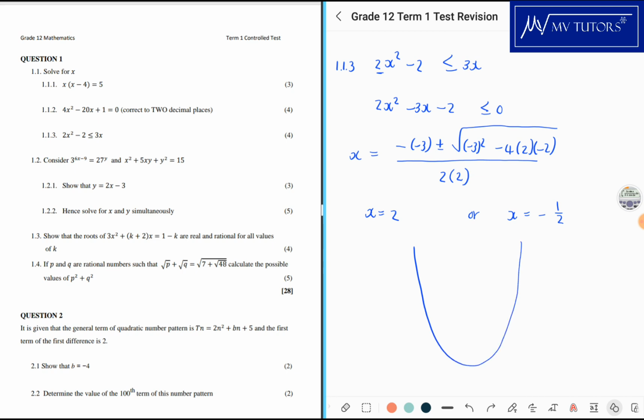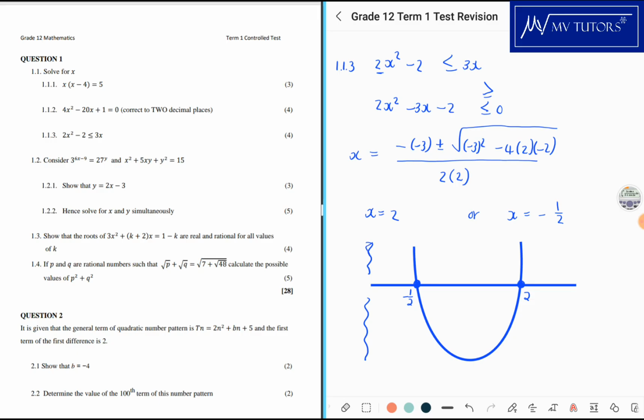So you have your quadratic function over there, and then we have negative a half, and we have 2. Because it's included, it said smaller or equal to. If it's smaller than, it means we're looking at values over here. If it was bigger than, we would have been looking at values here, on top of the x-axis.